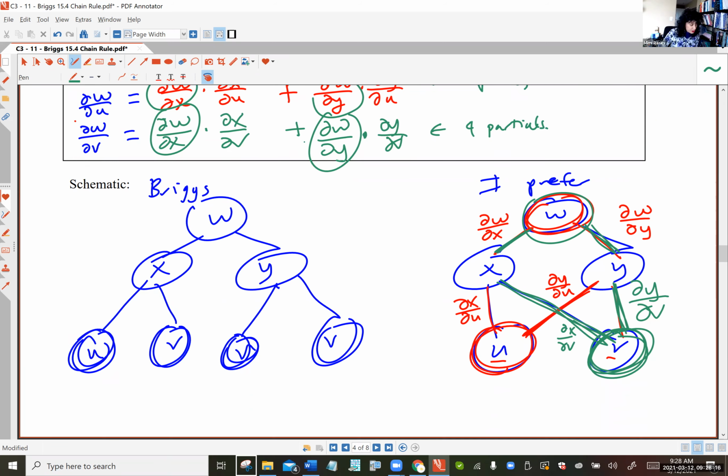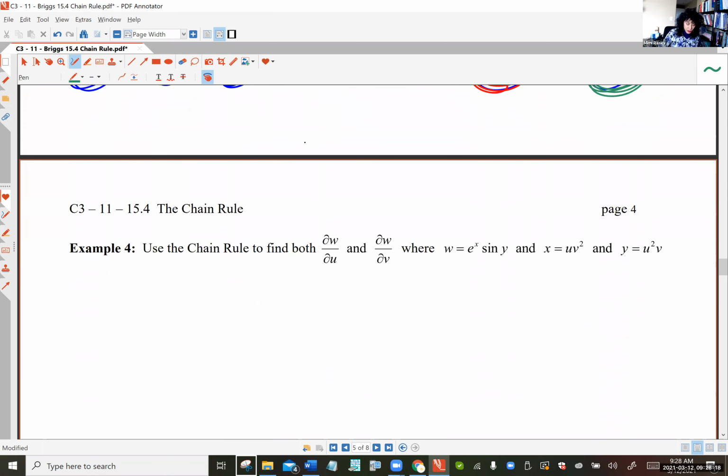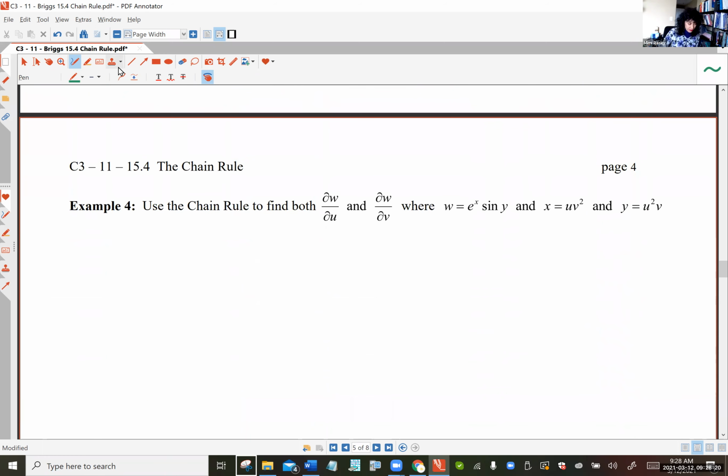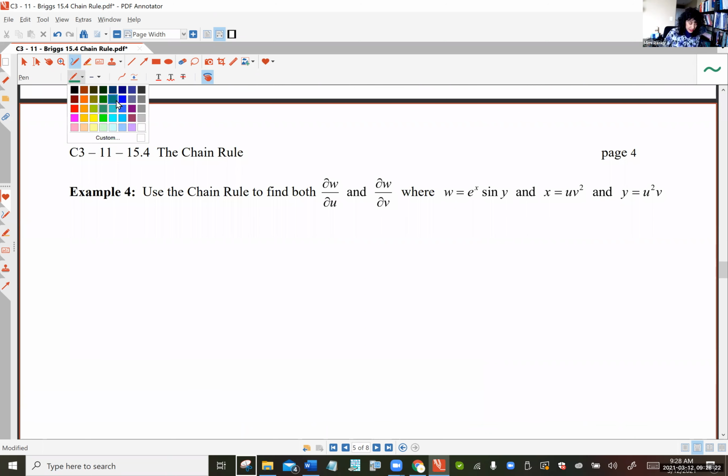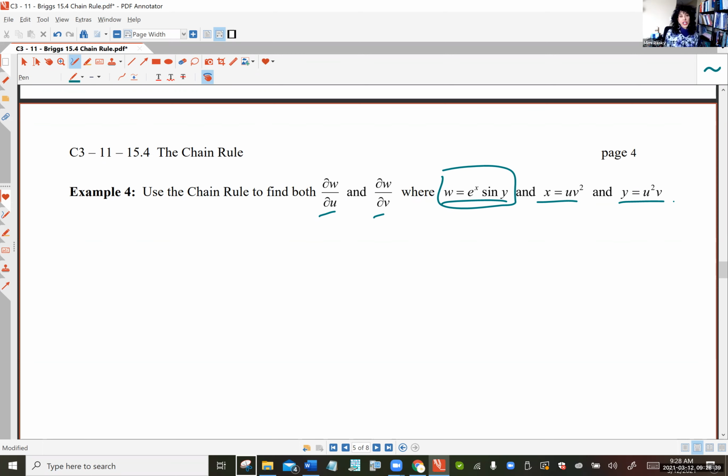So let's do some examples where we do the chain rule for this second case. The next example, they want you to find dw du and dw dv when w is a function of x and y here, where x is a function of u and v, and y is also a function of u and v. Now, when you do one of these chain rule problems on your handwritten work, I'm going to require that you write down what you're doing to get credit.